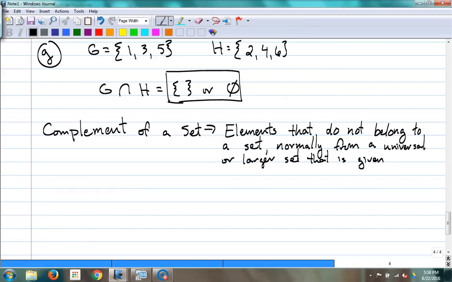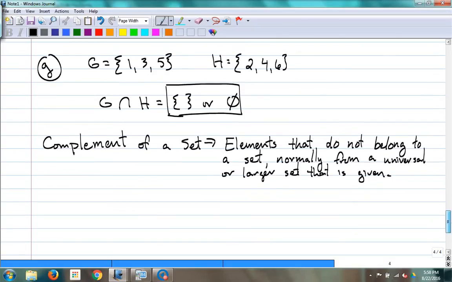That's given. They're going to tell you, hey, we're talking about the natural numbers here, and they give you a subset of the natural numbers, and you're supposed to come up with the complement of that, which would be the things that are not in your set. So complement are the elements that do not belong in a set.